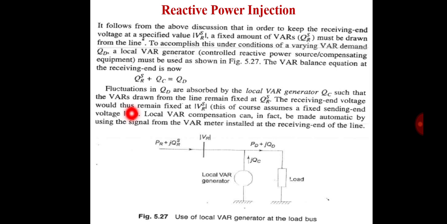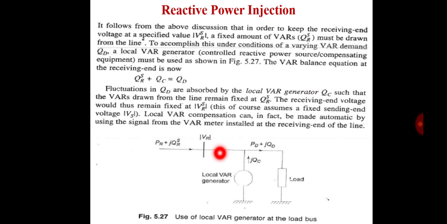It follows from the above discussion that in order to keep the receiving end voltage at a specified value, a fixed amount of VAR, meaning the specified QR, must be drawn from the line. To accomplish this under a varying VAR demand QD, a local VAR generator, a controlled reactive power source or compensating equipment, must be used, shown in the figure.